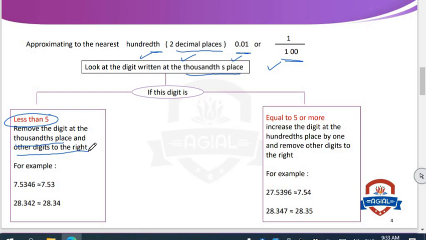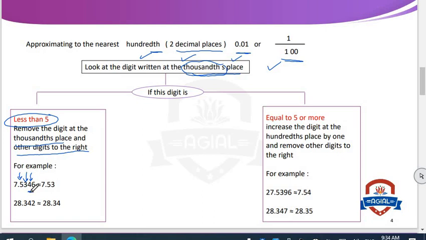For example, 7.5346 approximated to the nearest hundredths, or two decimal places. We look at the digit in the thousandth place. We know 5 is in the tenths, 3 in the hundredths, and 4 in the thousandths place.